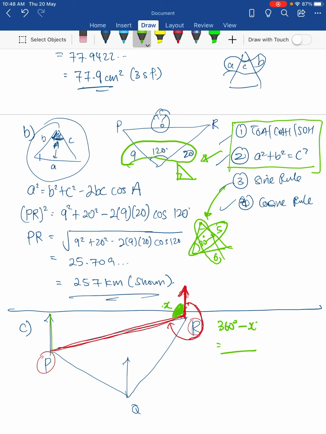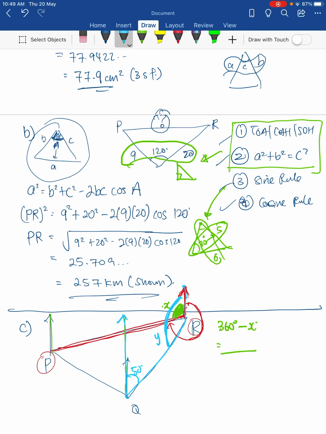Of course we can do other methods as well. Another way, let me use another color, highlight in light blue. Another way we can do it is if we have this 50, we can try to find this blue angle.